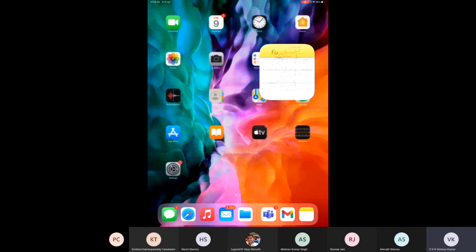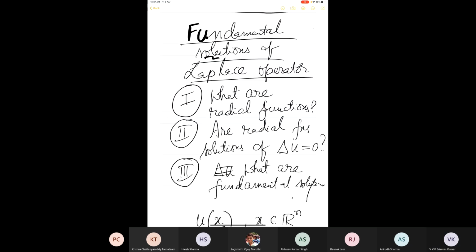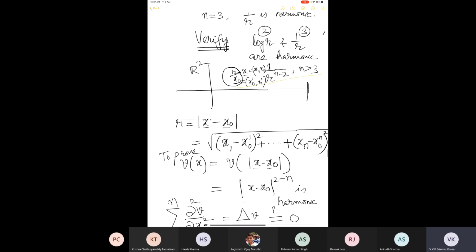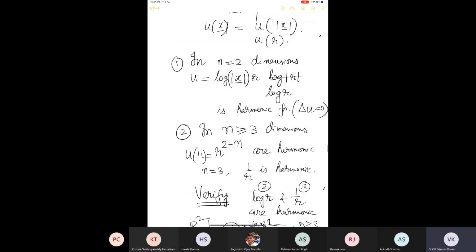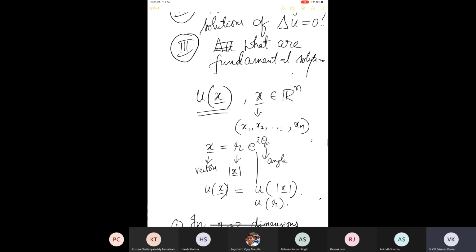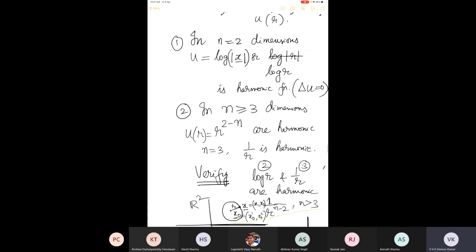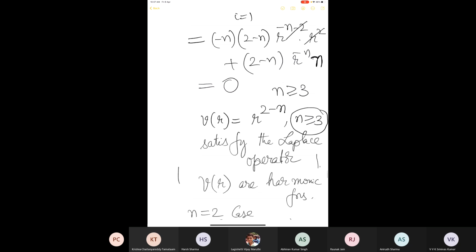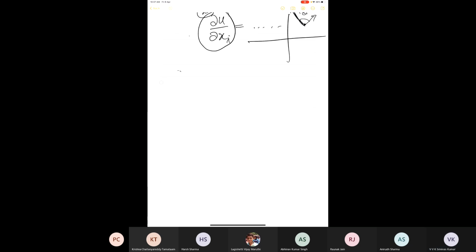So we are looking at what radial functions are and how radial functions are solutions of the Laplace equation. There are two ways we have seen. One is to first verify these functions. So let me write afresh.